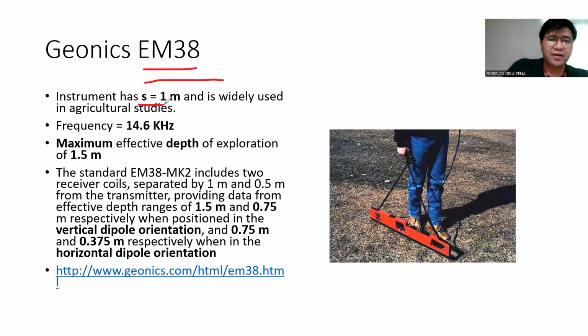It has a spacing of 1 meter and has a depth of penetration of 1.5 meters. So it's not really useful for most geology studies or even engineering. So it's usually used for agriculture, okay, for studying the salinity of soils, studying the moisture of soils.